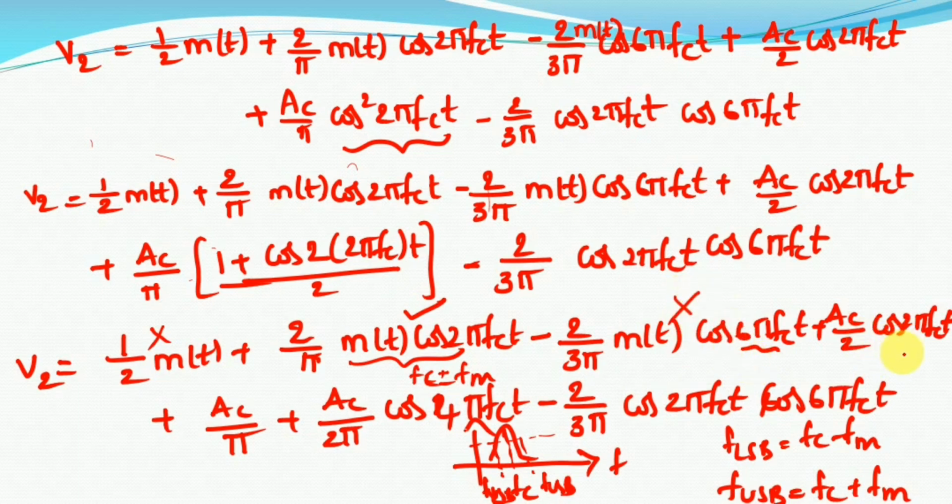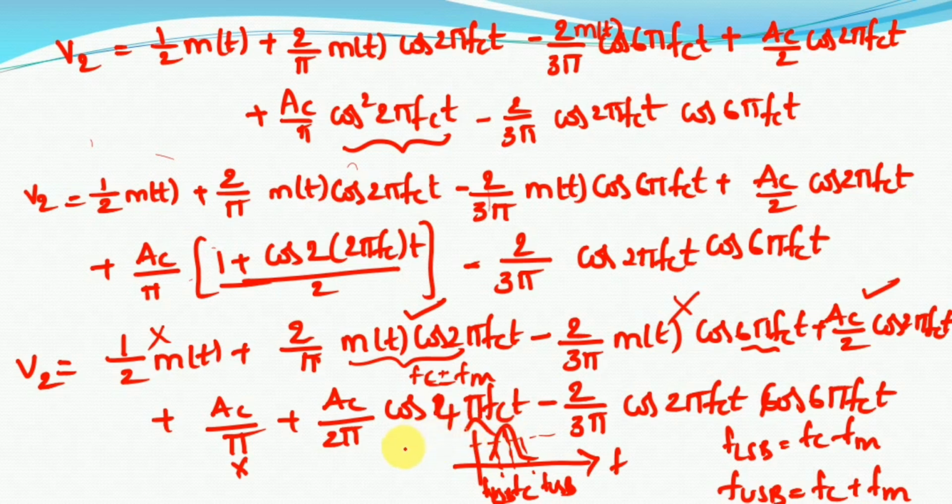Now the next term has a signal frequency Fc, which is allowed by the band pass filter. The next element is AC by pi, which is a DC component. As we know the filter blocks the DC element, so it is not allowed by the band pass filter circuit. And AC by 2 pi cos 4 pi fct is a harmonic of the carrier signal.